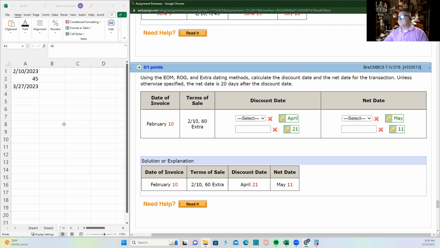Okay, let's look here. The discount date is going to be your date of invoice, your end of month. How many days in February? I never remember those. 28 days in February. Should have known that.